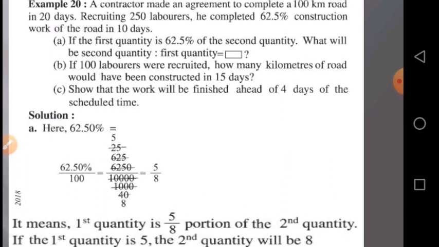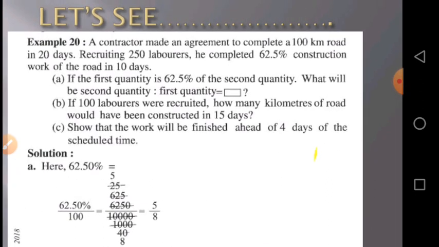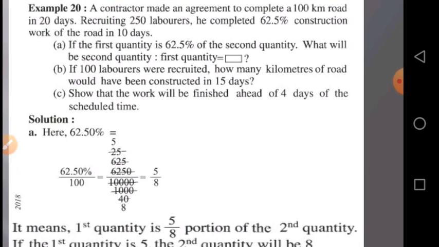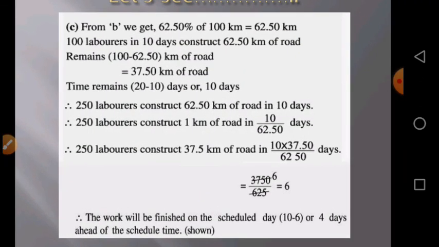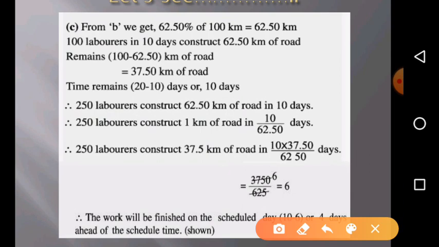যদি এইভাবে আমাদের কাজ চলতে থাকে, তাহলে কাজটি তিনি নিয়েছিলেন 20 দিনে শেষ করবেন, তো 4 দিন আগে কাজটা শেষ হবে, সেটা আমাদেরকে এখানে ক্যালকুলেশন করে দেখাতে হবে। So here you can see from B we get 62.50% of 100 kilometer is 62.50 kilometer. 250 laborers in 10 days construct 62.5 kilometer.